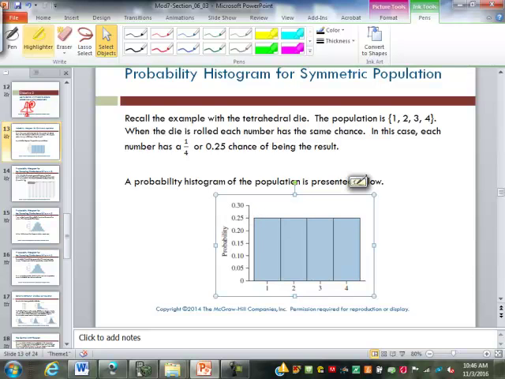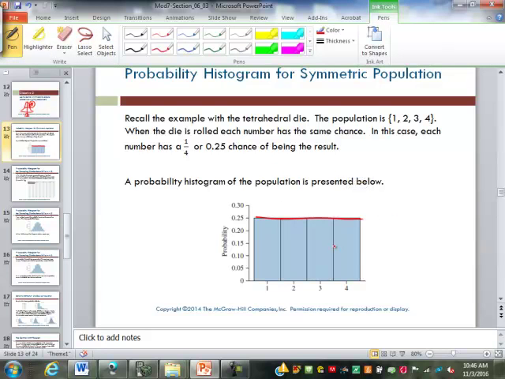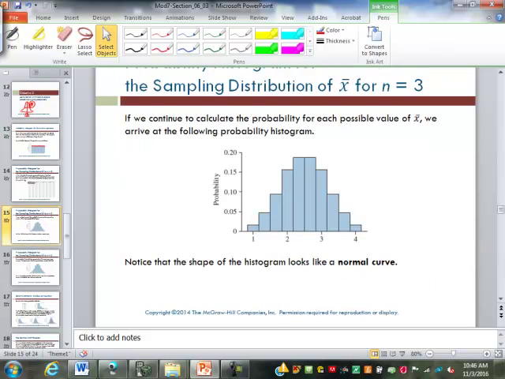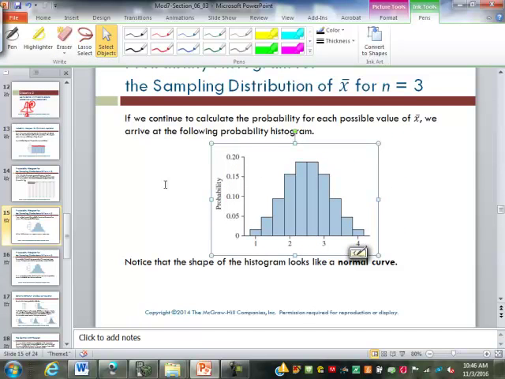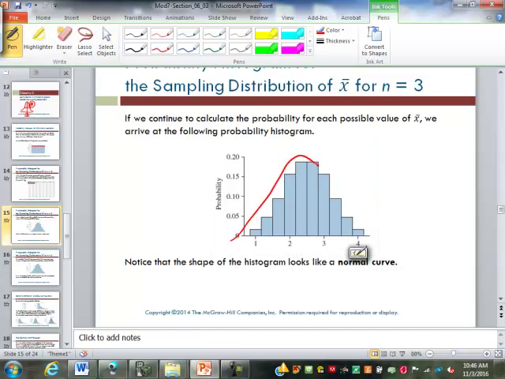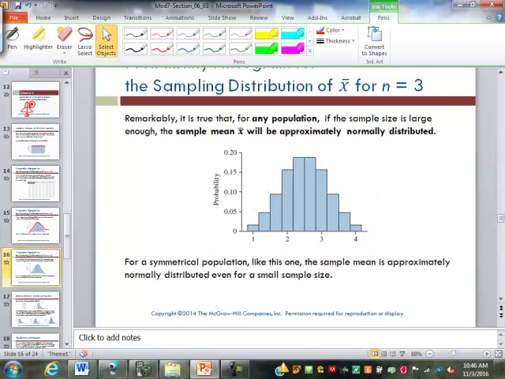It is flat across the top up here. Because we took more than 30 samples, the distribution of those sample means still ends up being approximately normal, bell-shaped. Because it's bell-shaped, we can use our normal probabilities with it.